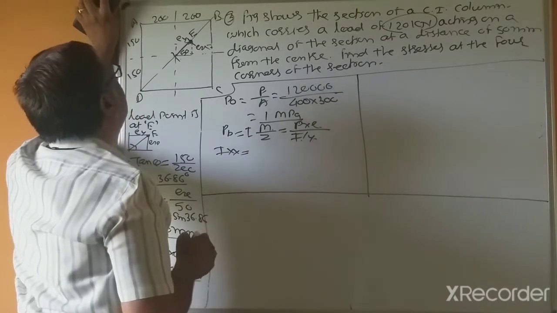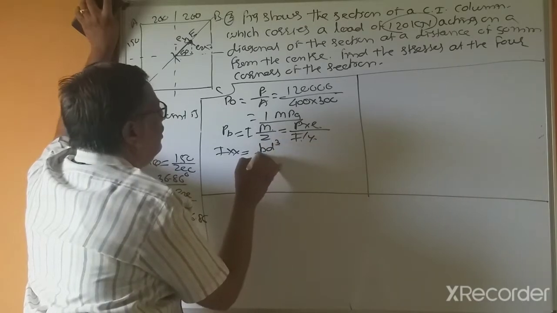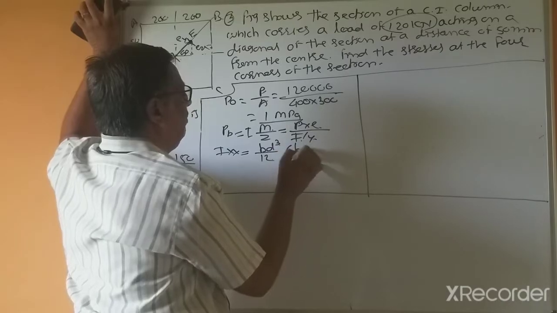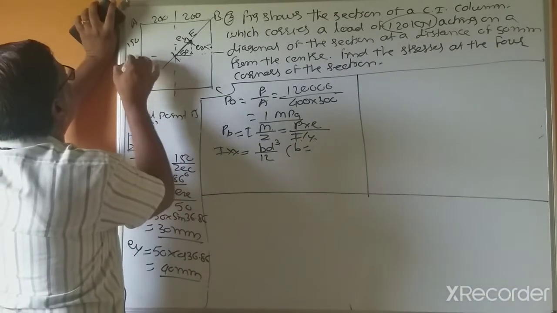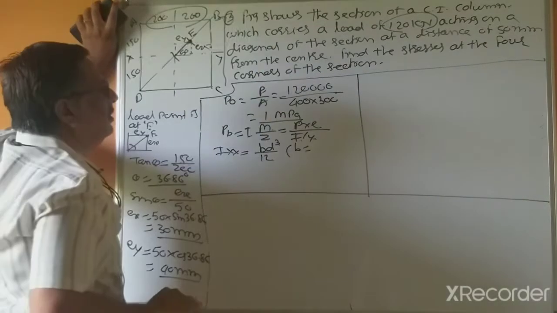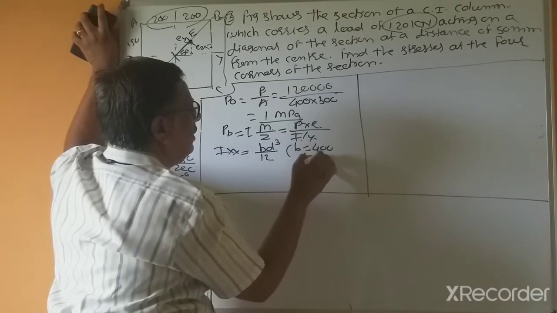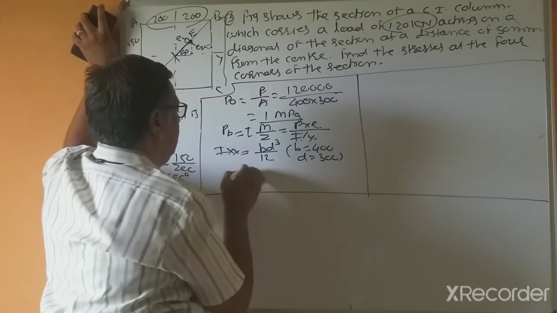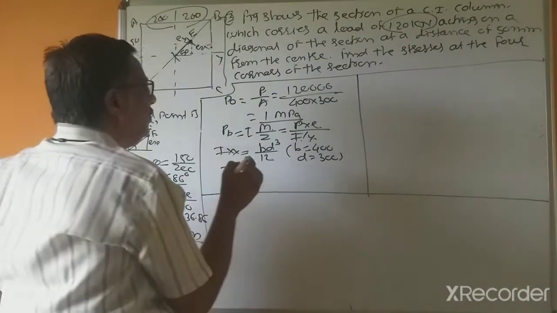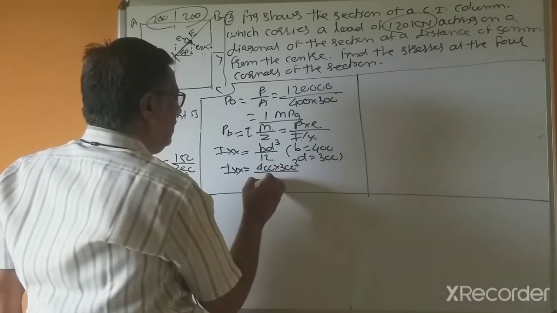Ixx equal to BD cube divided by 12, where B equal to 400 and D equal to 300. Ixx equals 400 times 300 cube divided by 12.